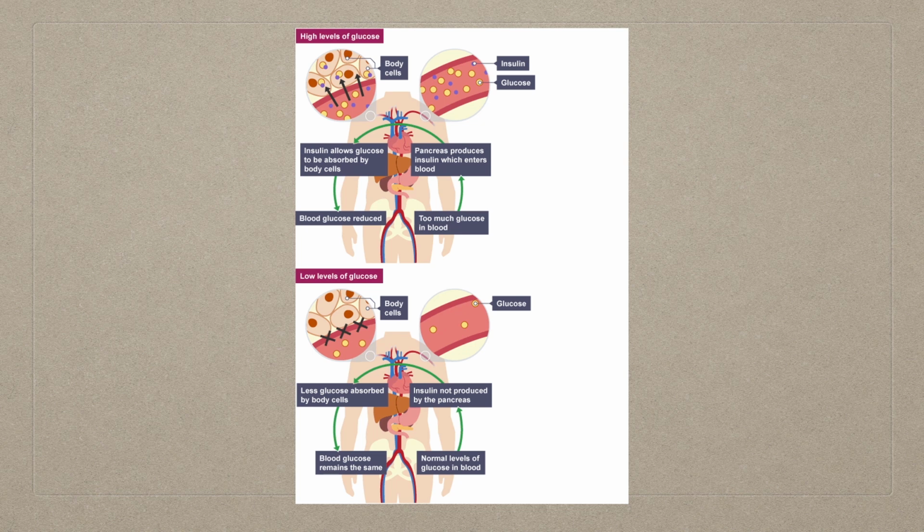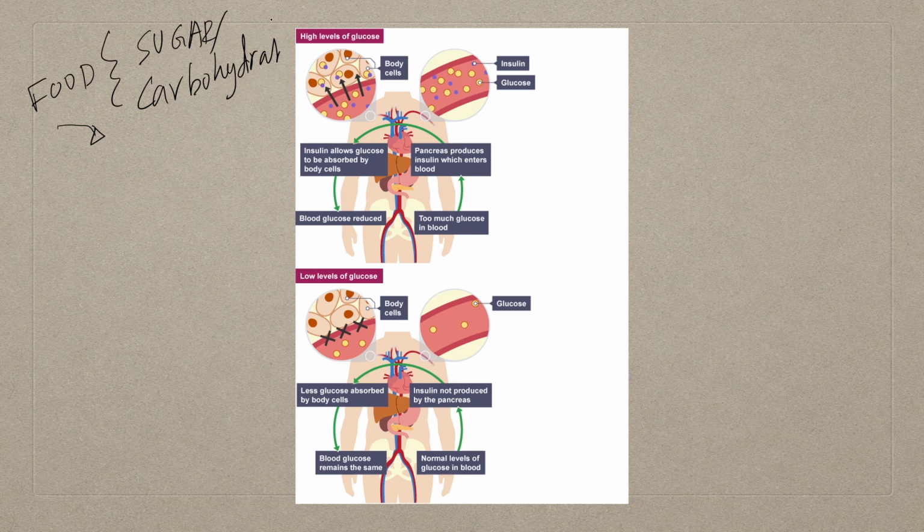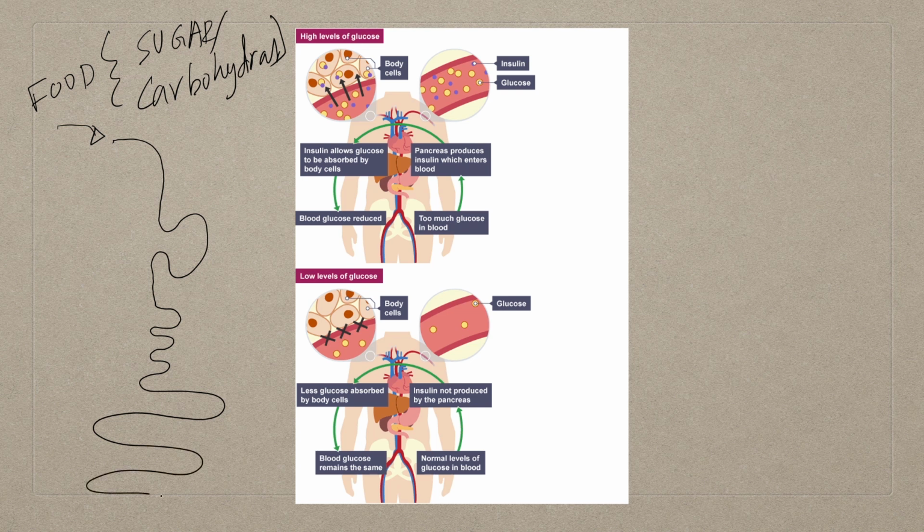So, the physiology is like this. You take food containing sugar, or what we call carbohydrates. Okay? It travels along your gut. So, this is the large intestine.